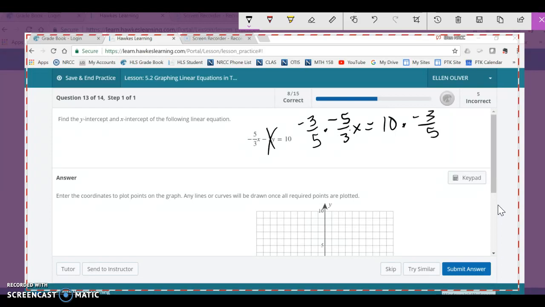Because, right, that'll give you positive 15 over positive 15, which is 1, times x is x. So here I'm just going to do my simple multiplication, and you can either multiply and then divide, use your calculator, or cancel first. Either way, you should get negative 6. So x is negative 6.